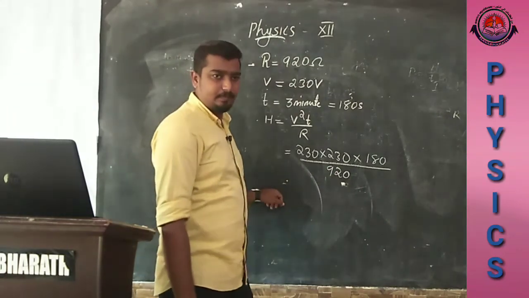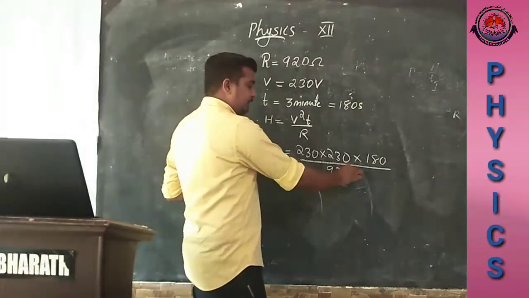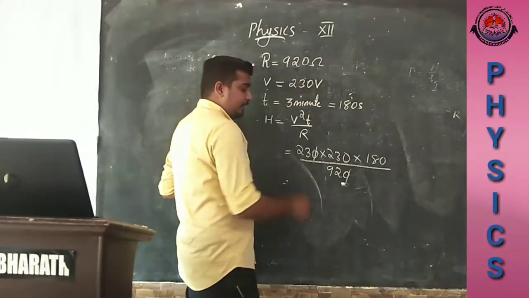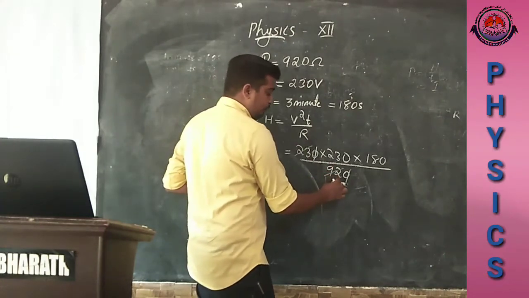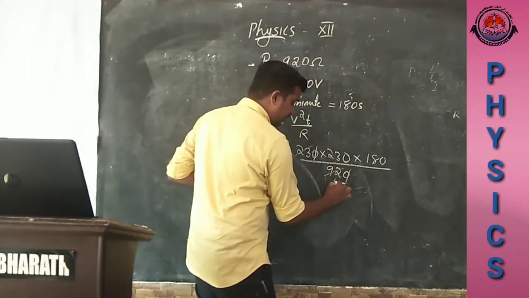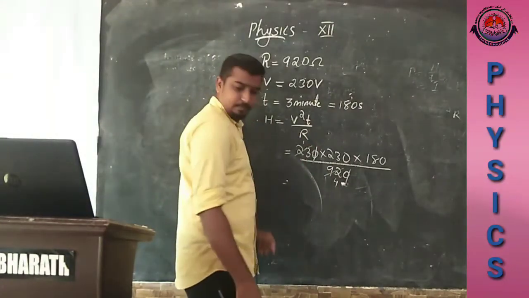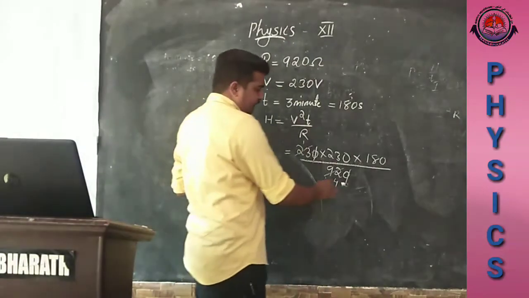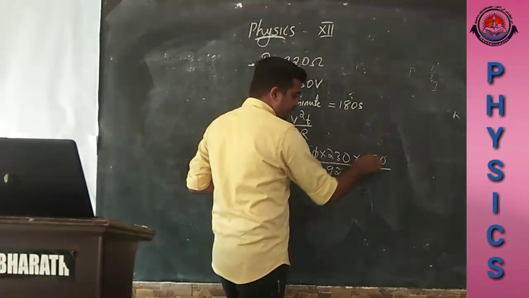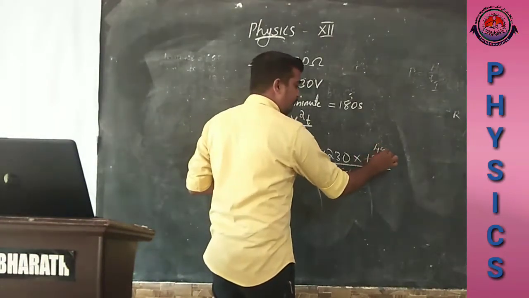Here I am cancelling these two zeros, and 23 and 92. In 92, how many 23 is gone? 4. Here 1. And here this 180 and 4 are cancelled, that is here 45.